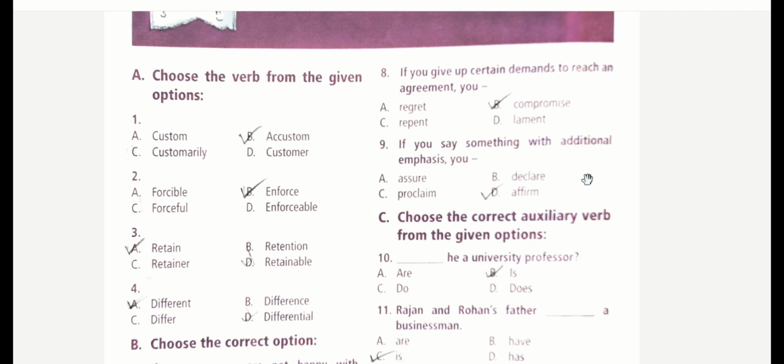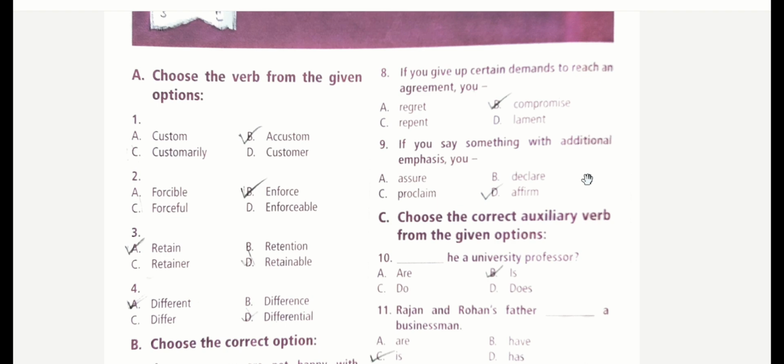And what is the verb? The correct answer here is three, which is option C, differ. Differ means to not be the same as something else, or we can say to have a contrast or distinction. Okay, this is a verb.